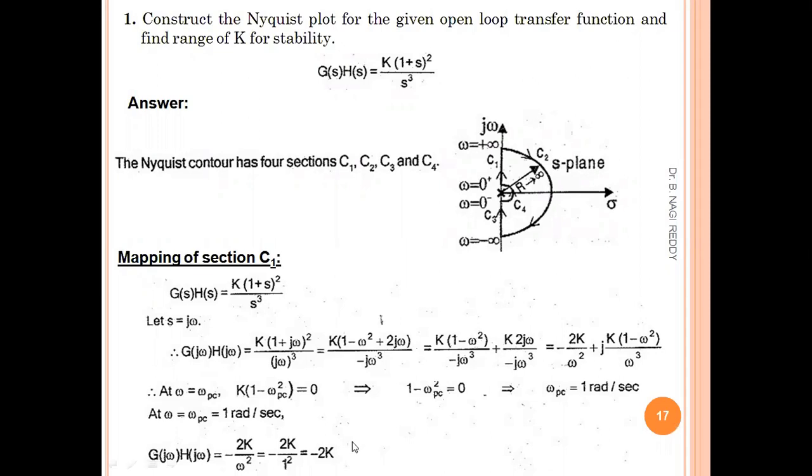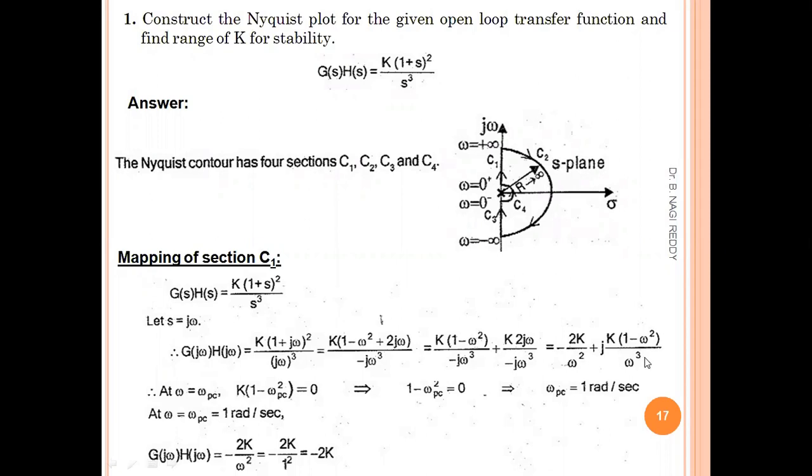Then we will get minus 2k by omega square as the real term, plus j into k into (1 minus omega square) by omega cube as the imaginary term. After substituting j omega, we need to simplify and separate the real and imaginary terms.